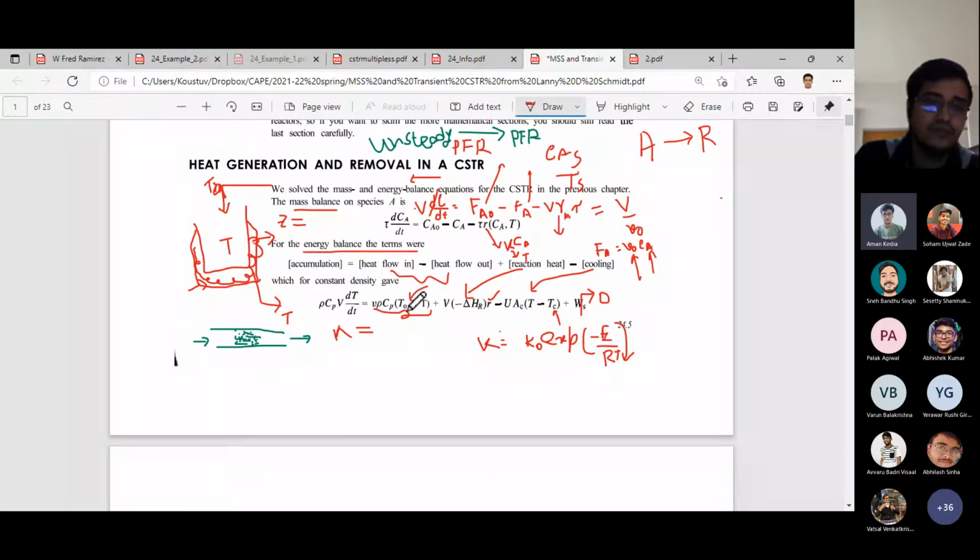That means the feed stream that is coming in has a temperature T0, right? So it has to be heated, and the temperature it brings in and the temperature with which it leaves are basically these expressions.